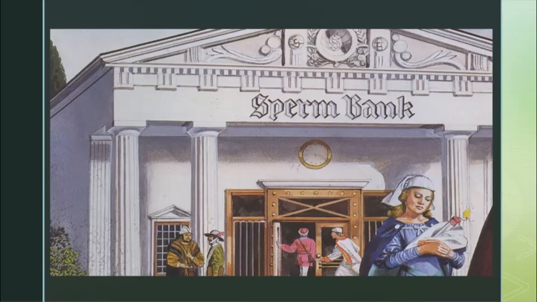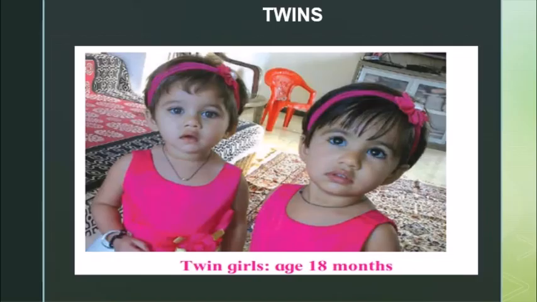The donor's name is not given. Only the sperm is collected, and it is then injected into the woman's body, or it can also be done through IVF. The embryo can be formed outside the body and then implanted into the female's body, but the sperms are taken from the sperm bank. So this is called a sperm bank.